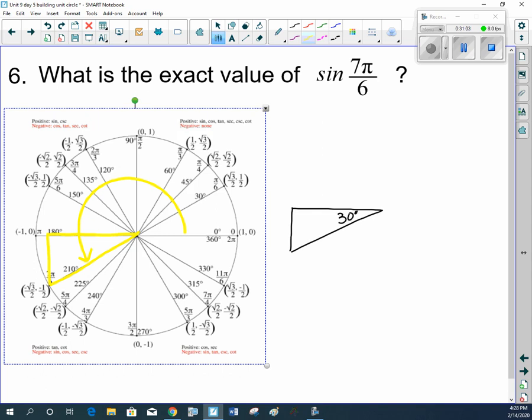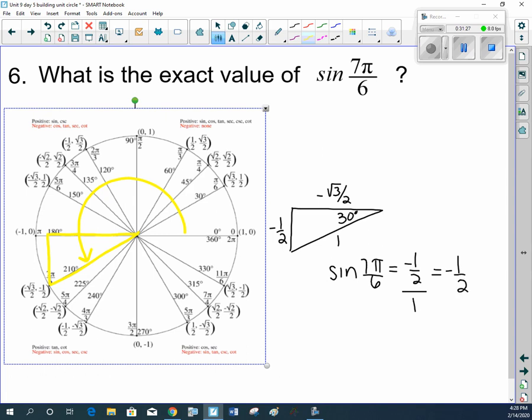This reference angle is 30. We're not really needing that right now, but I went left minus the square root of 3 over 2, and I went down a half, and I want the sine. So remember, sine is opposite over hypotenuse. Opposite is minus a half divided by 1, so that's equal to a negative a half.